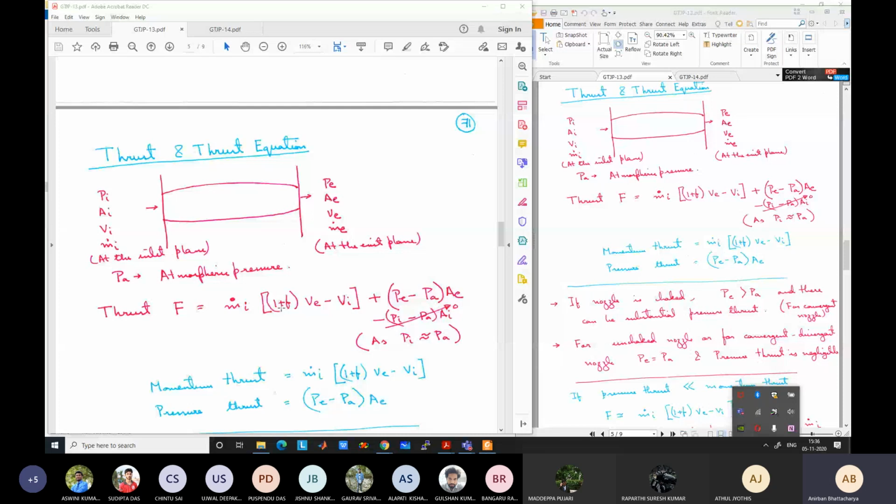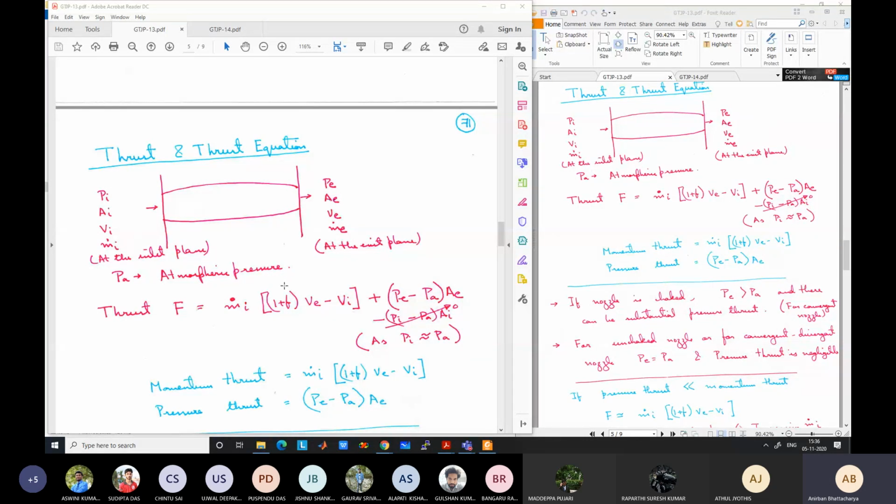This f factor comes because there is additional mass at the exit. The combustion products have higher mass as compared to the inlet air because of the addition of fuel. If we ignore the fuel air ratio as a very small term, you can simplify this as m dot i into ve minus vi.